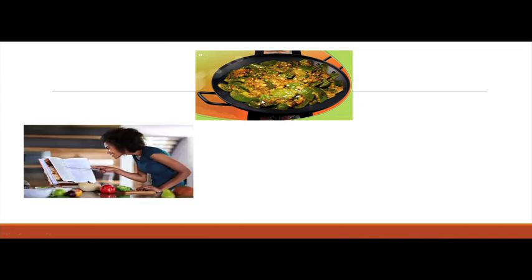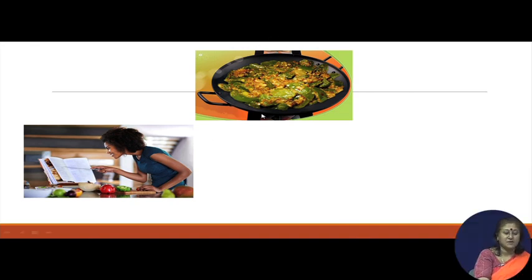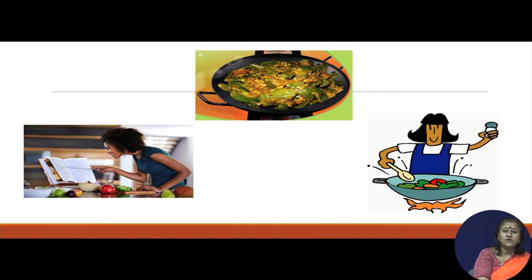So, here in this picture, this lady is cooking this vegetable step by step. She is following the step by step method, but what is this other lady doing?